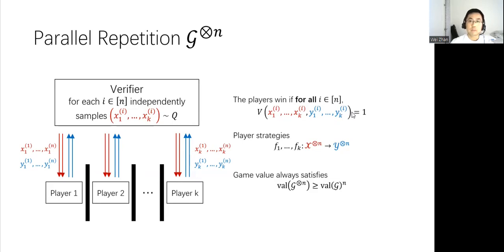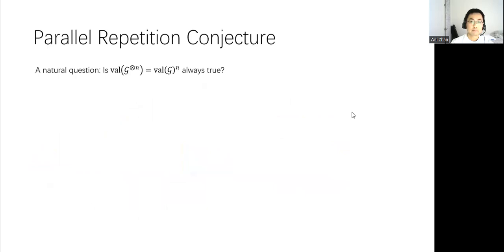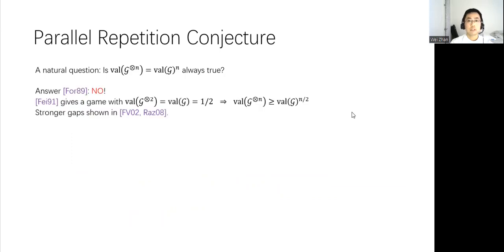Therefore, the value of the n-fold parallel repetition of the game is always at least the original game value to the nth power. So a natural question is: is the reverse also true, so that the value of the parallel repetition always equals the power of the original game value? And Fortnow gives a negative answer to this question.